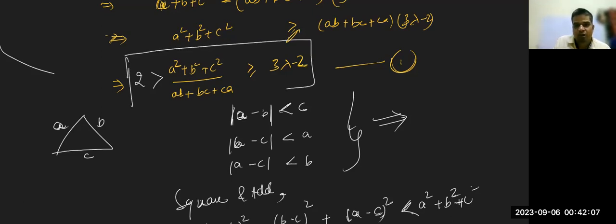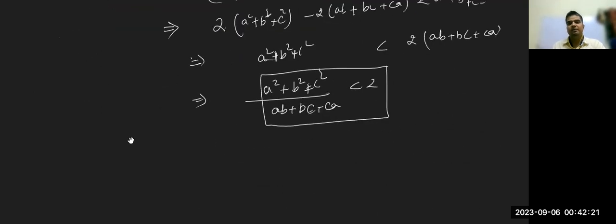That means after solving equation 1, if 2 is greater than this and this is greater than 3 lambda minus 2, then 2 must be greater than 3 lambda minus 2. That is for sure. From 1, what we have concluded is 2 is always greater than 3 lambda minus 2.